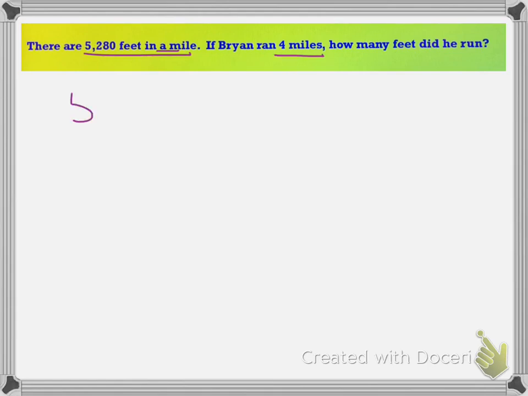So I have my 5,280 times 4. If you want to do partial products, you can go ahead and do partial products. I would encourage you to do the standard algorithm, but why don't you go ahead and figure that out, and again, pause and check your work with me once you're finished, okay?